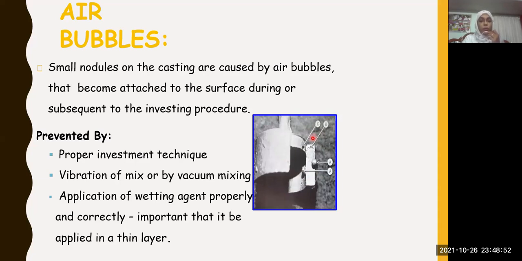You have to do proper vibration of the mix or proper vacuum mixing so that there is no air getting entrapped inside. And you have to apply the wetting agent properly. As soon as you fix the wax pattern inside the ring, you will have to apply the wetting agent over the wax pattern so that the investment will flow nicely over your wax pattern.